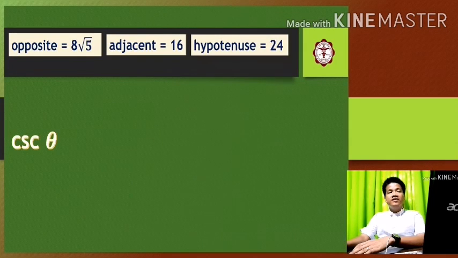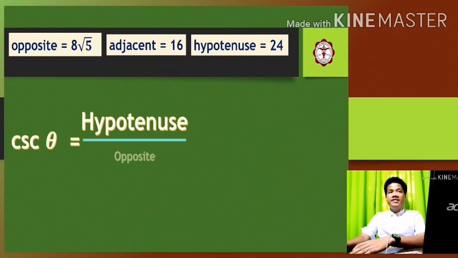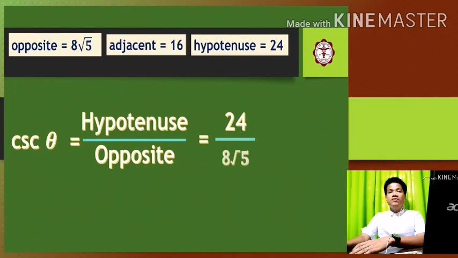The next function is the cosecant theta. The formula given a while back is the hypotenuse side divided by the opposite side. Our hypotenuse is 24. Our opposite side is 8 square root of 5. By simplifying, we will have 3 over square root of 5.